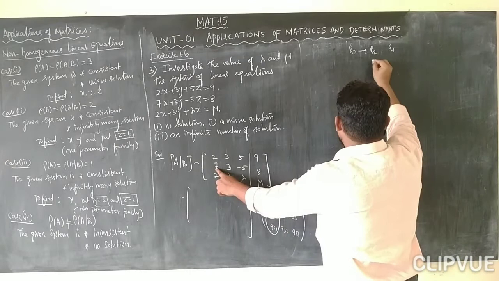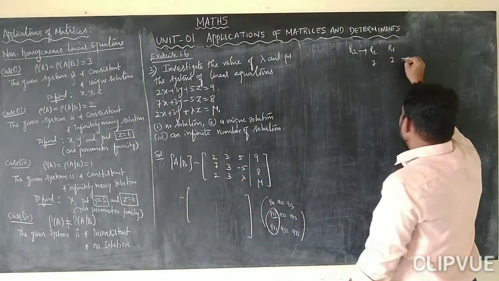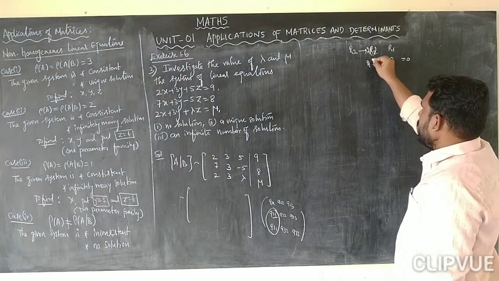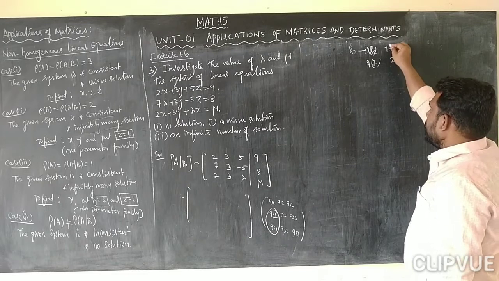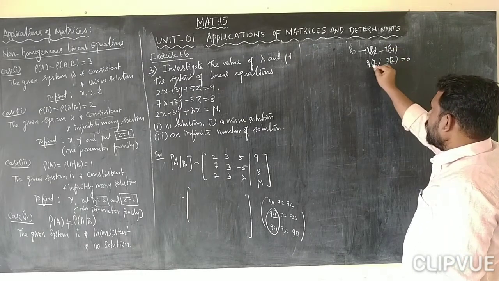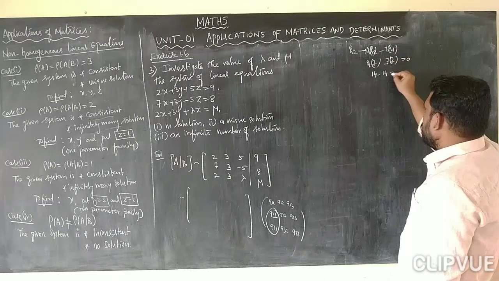R2 value is 7, R1 value is 2, making it equal to 0. Therefore, cross multiplication: 2 into R2, 7 into R1. Therefore, 2 into 7, 14, minus 7 into 2, 14, equal to 0.